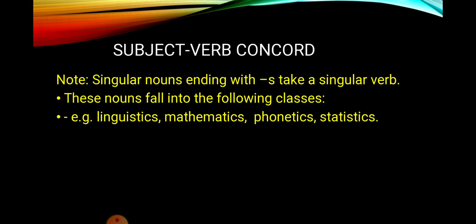Let us take some examples like linguistics. So the word linguistics, the noun linguistics, is not a plural, it is singular. That's why we use it as singular when we use it within a sentence.